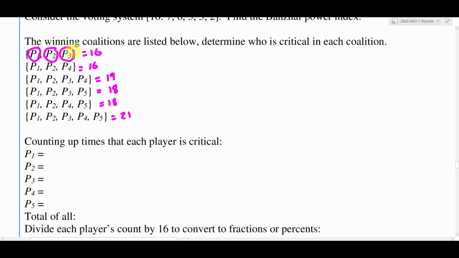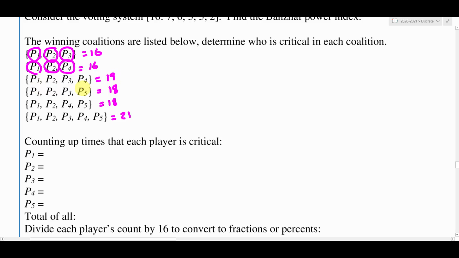I'll circle them all. Same thing in the second one. Their total weight is 16, so if anyone leaves, they're going to drop below the quota. I'll circle them all again.